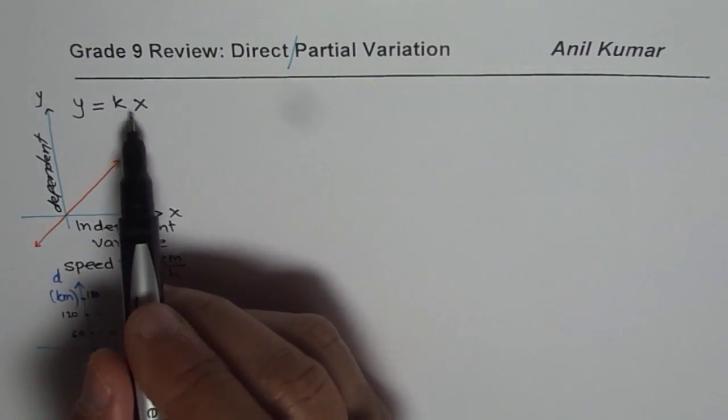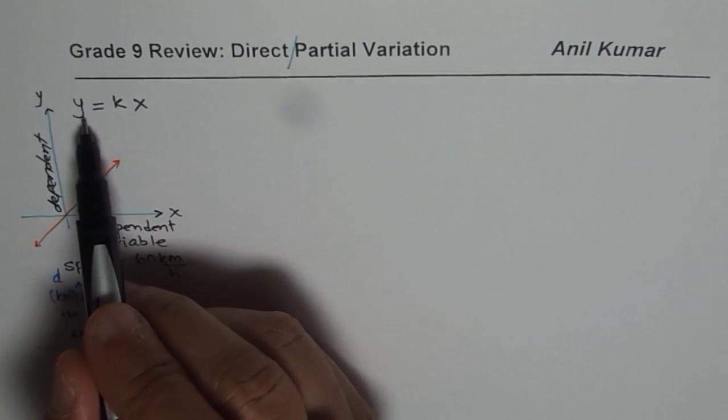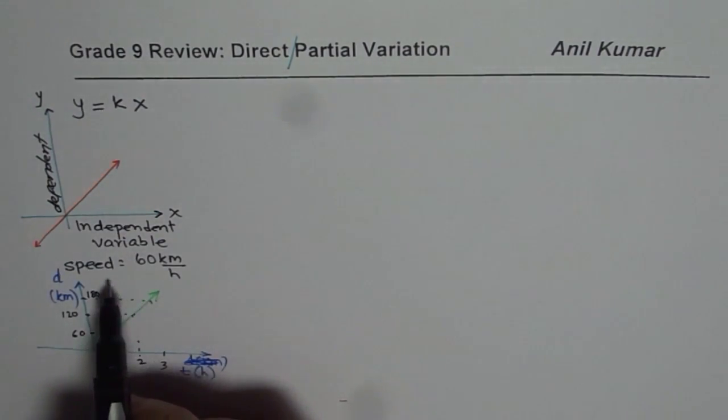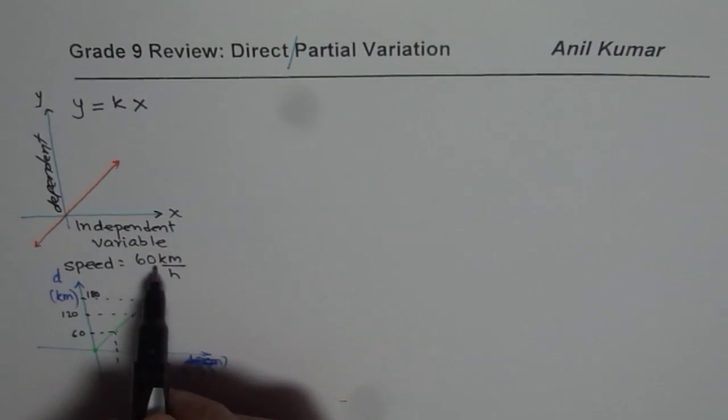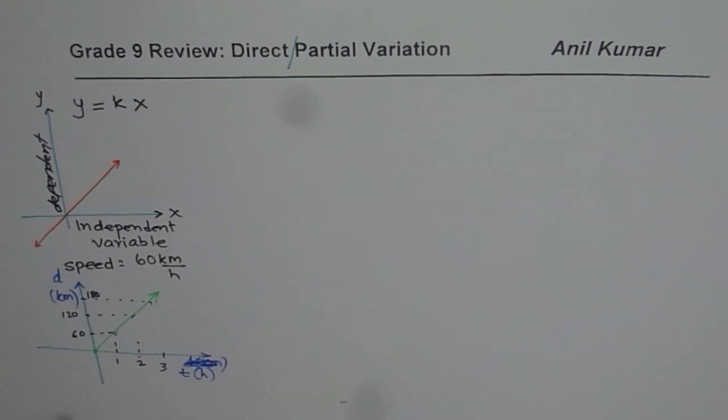So if x is 0, y will be 0. In our example of speed and time, the constant speed of 60 represents the k value. So that is how the applications are related. So this is all about direct variation, right?